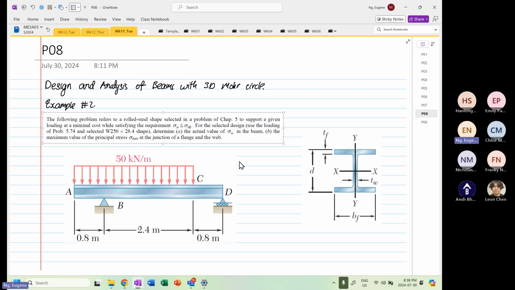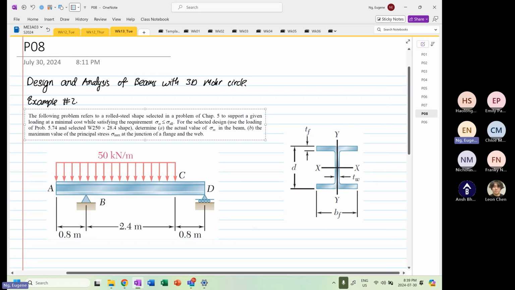So the structure that's selected is W250 x 28.4. We are going to determine the maximum stress in the beam, and the maximum value of the principal stresses at the junction of the web and flange. Now, this is a very interesting problem.